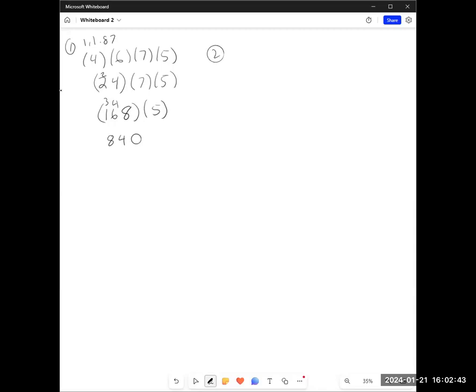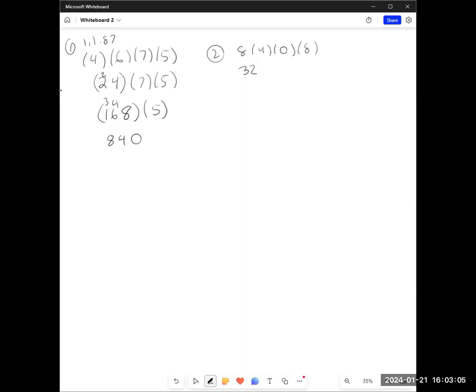My second problem says 8 times 4 times 0 times 8. And if I have a string of numbers being multiplied, if 0 is a factor at all in this string of multiplication, then the answer is going to be 0. Let's go ahead and prove that to you.